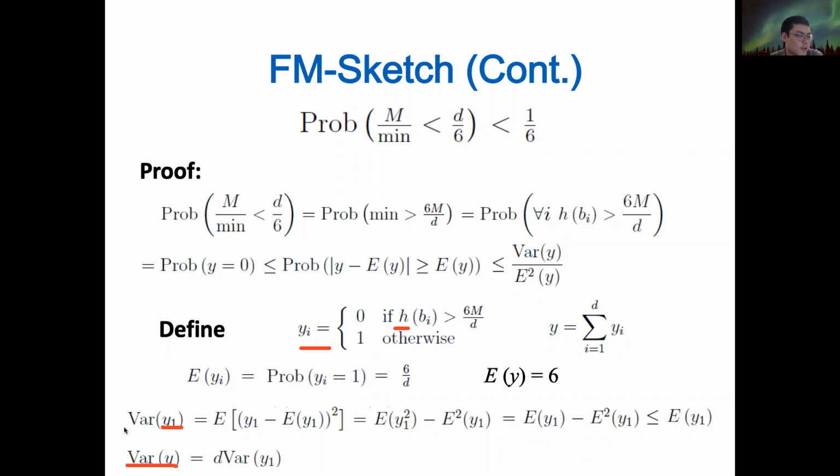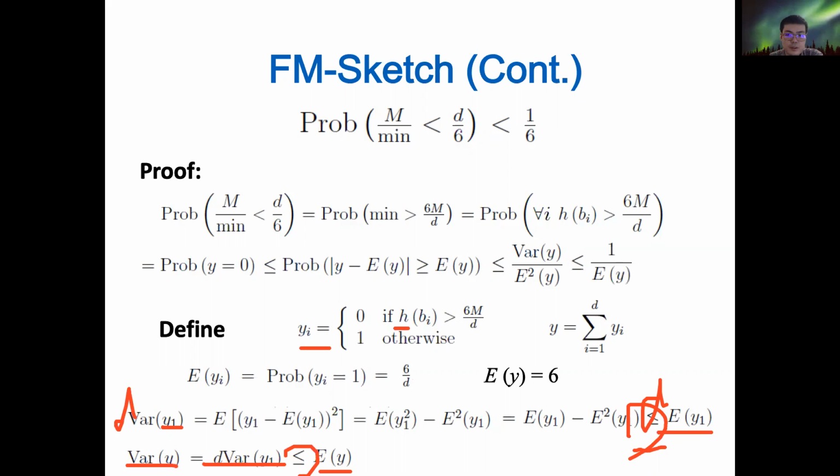D of something. So it's d times this. And this thing is going to be less than or equal to EY. The reason is that EY itself is d times this, and we have the less than or equal to sign. So that's why we get it.